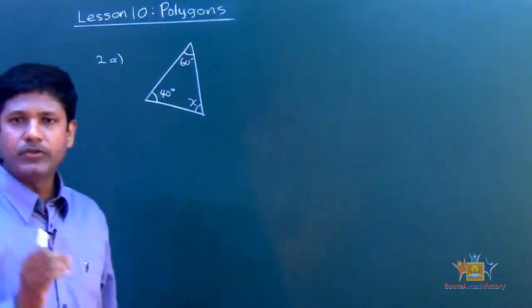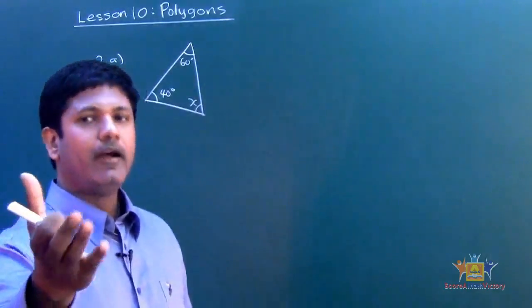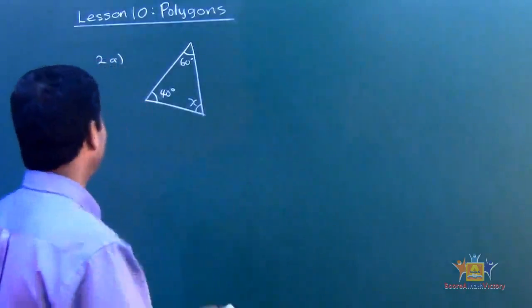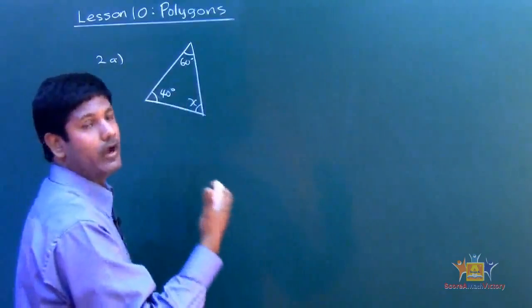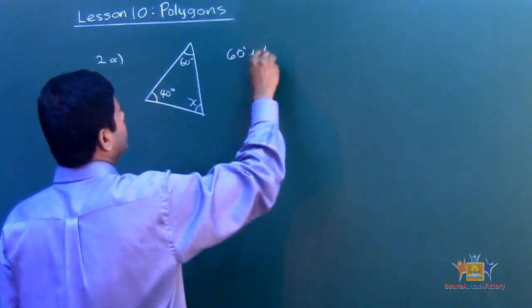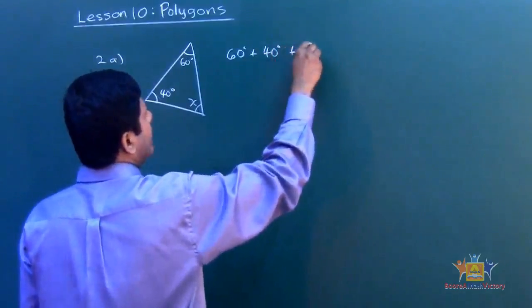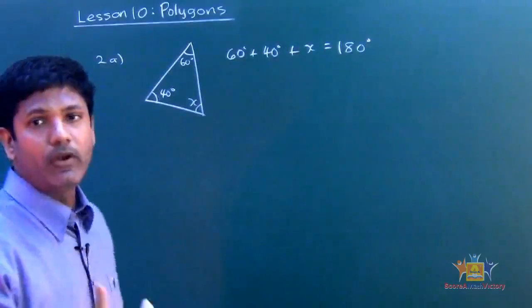How do we do this? We know that for a triangle the total angle is 180 degrees. So 60 degrees plus 40 degrees plus x should give you 180 degrees.